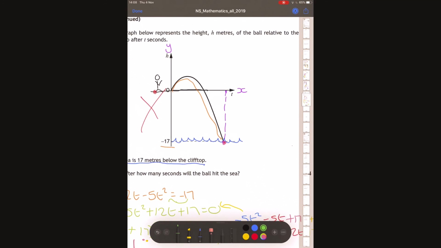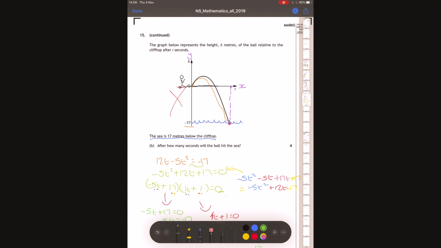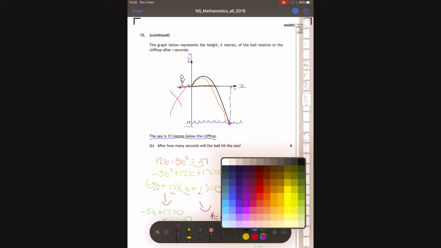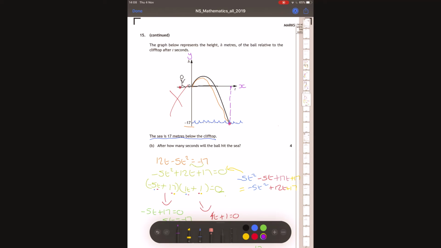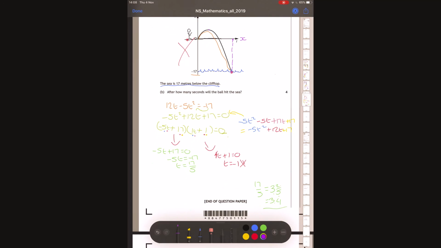Is 3.4 plausible? Well, yeah, it is, because we knew that this was 2. And if we eyeball approximately, yes, that is plausible.